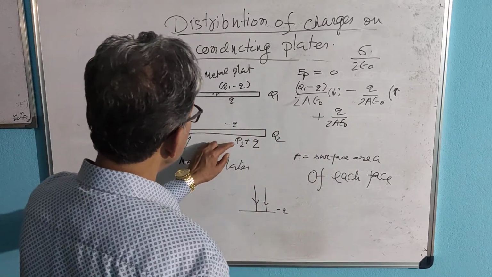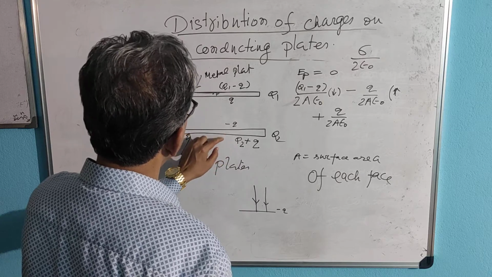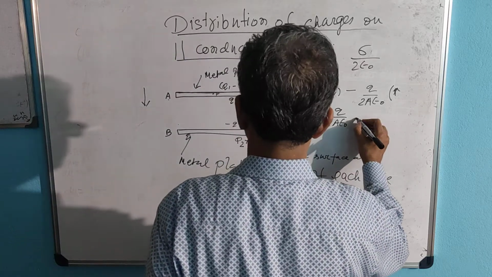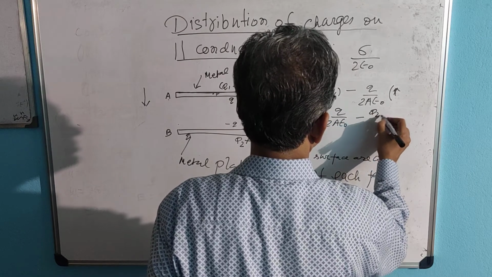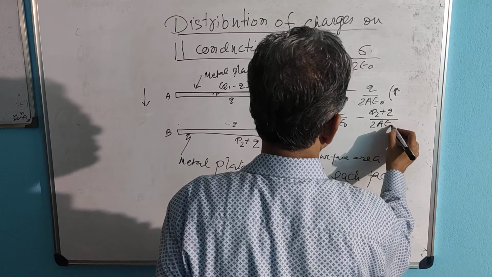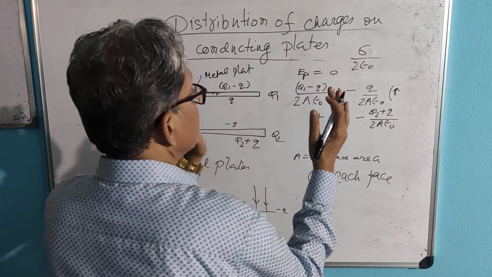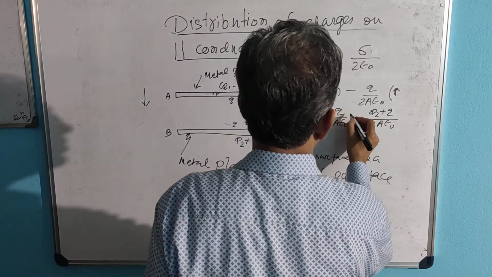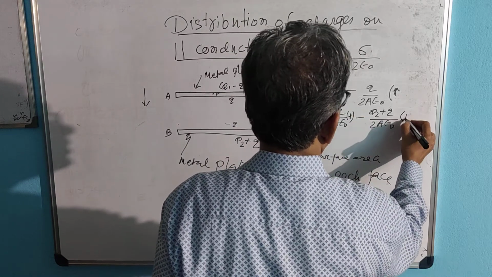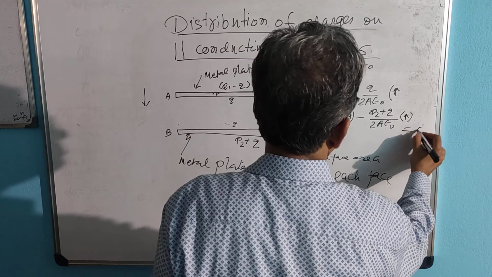And for this Q2 plus Q, what will be the field at point P? On the upper side. That means minus (Q2 plus Q) divided by twice epsilon 0. Total summation: this is on lower, this is lower, this is upper. That's why negative. Okay.